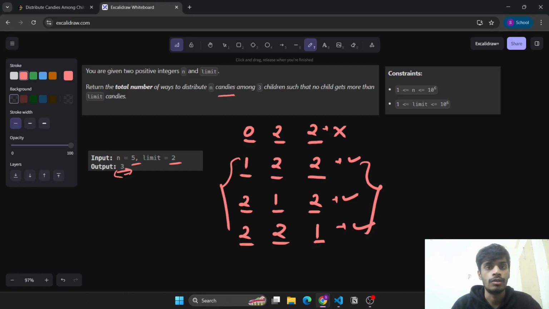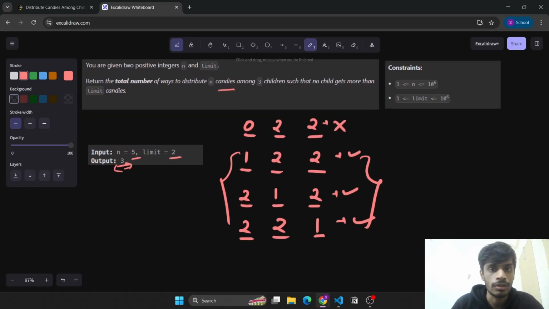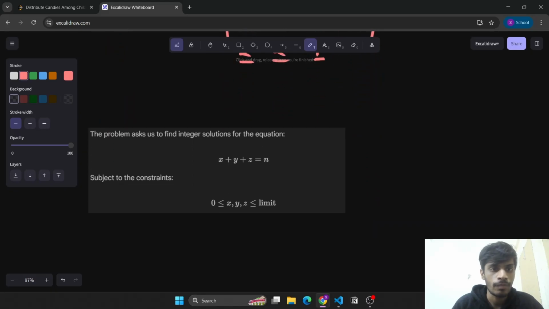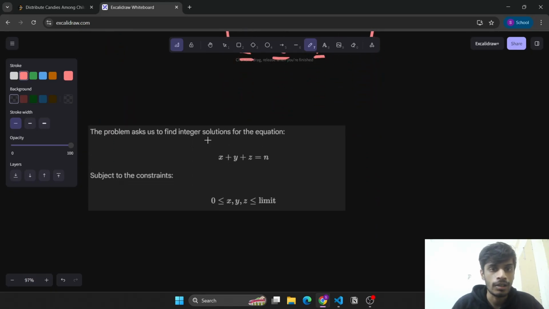So we can see the problem generally breaks down into finding integer solutions for the equation x plus y plus z equals n, where this constraint should be followed: each of x, y, z can lie between 0 and limit.